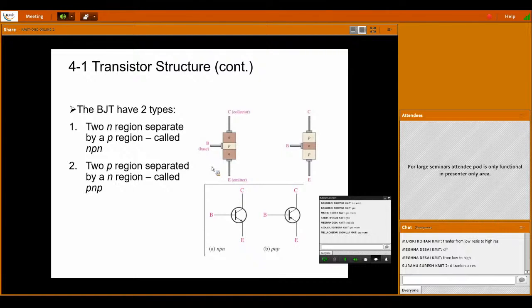By taking two N regions separated by a P region, it is called NPN. How to form a PNP transistor? By taking two P regions with an N region sandwiched between them, it is called a PNP transistor.